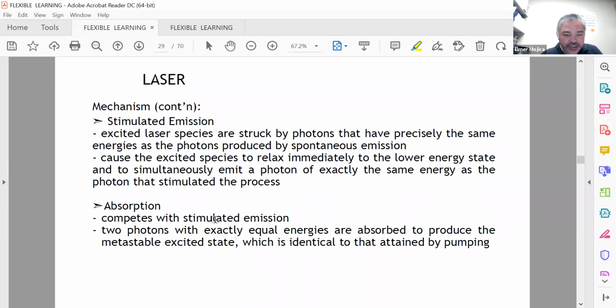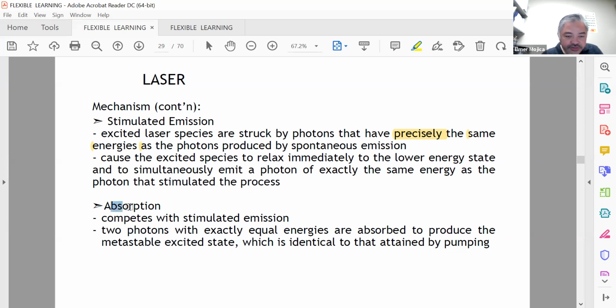Now, when you have a stimulated emission, the excited laser species are struck by photons that have largely the same energies as the photon produced by spontaneous emission. So it causes the excited species to relax immediately to the lower energy state and to simultaneously emit a photon of exactly the same energy as the photon that stimulated the process.